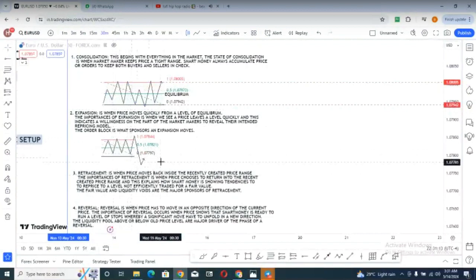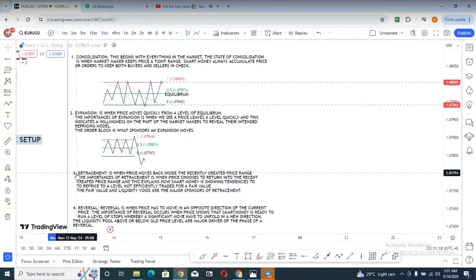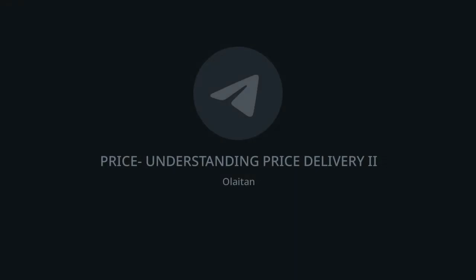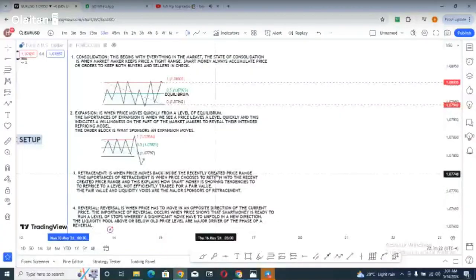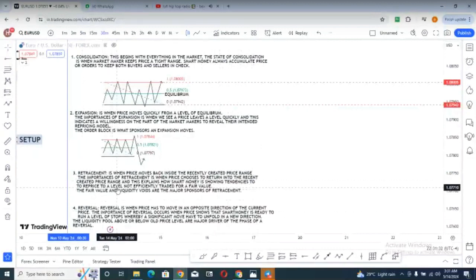Now going to retracement. A retracement is when price moves back inside the recently created price range. The importance of retracement is when price chooses to return into the recently created price range, and this explains how smart money is showing a tendency to reprice to a level not efficiently traded, for a fair value.